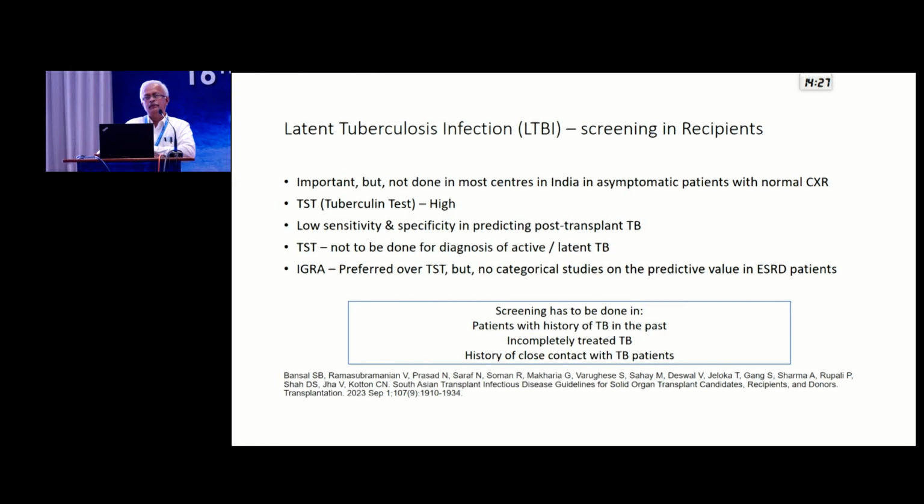It is high time that all the major Indian centers, at least to start with, join hands and do something to answer this question. A simple research design to start with: just do TST for all the patients and IGRA simultaneously for all the patients on dialysis to identify the concordance of positivity between the two.